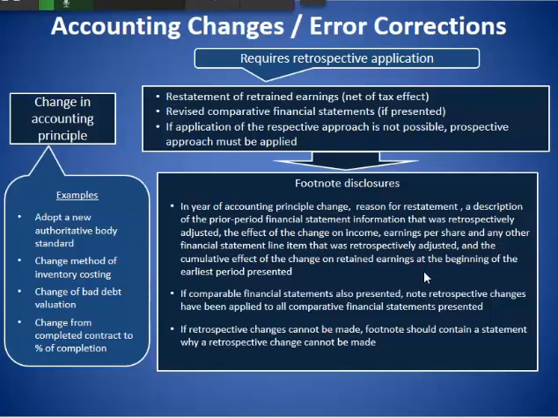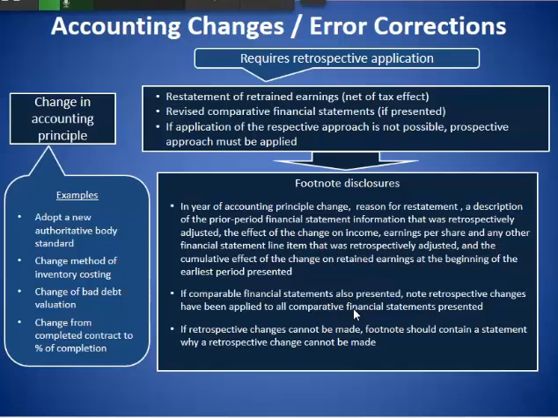In the year of accounting principle change: the reason for the restatement, a description of the prior period financial statement information that was retrospectively adjusted, the effect of the change on income, EPS, and any other financial statement line item that was retrospectively adjusted, and the cumulative effect of the change on retained earnings at the beginning of the earliest period presented.